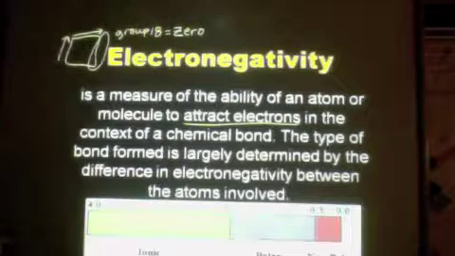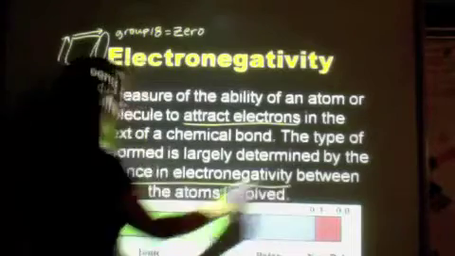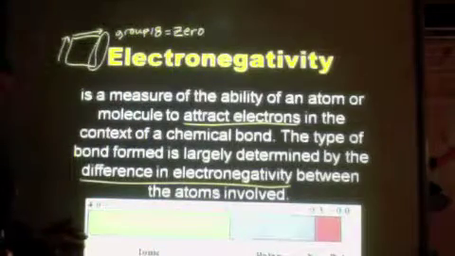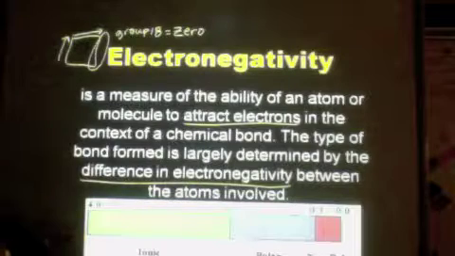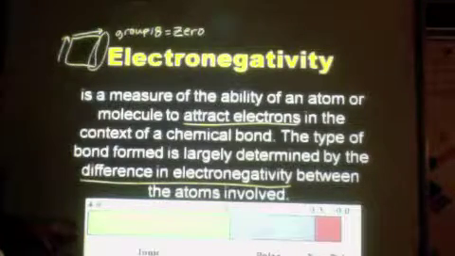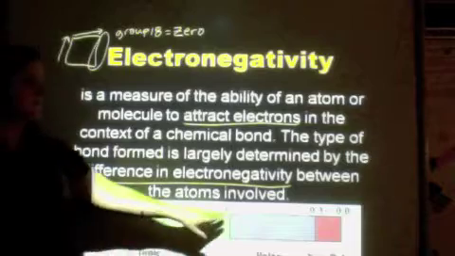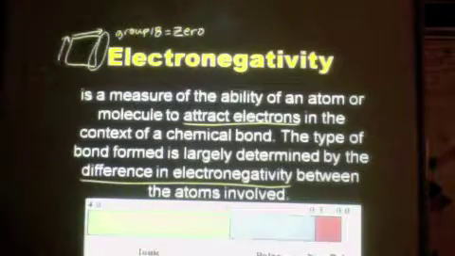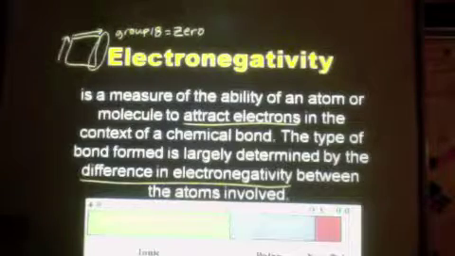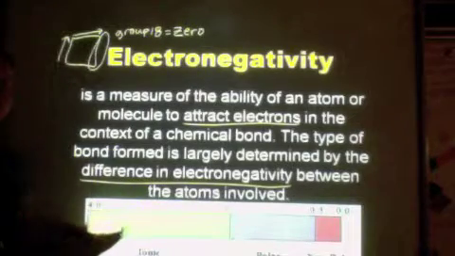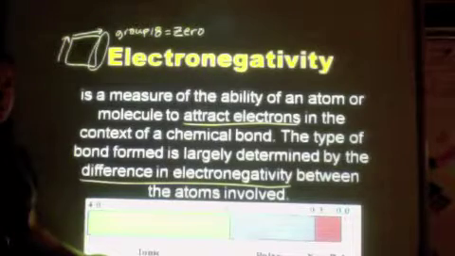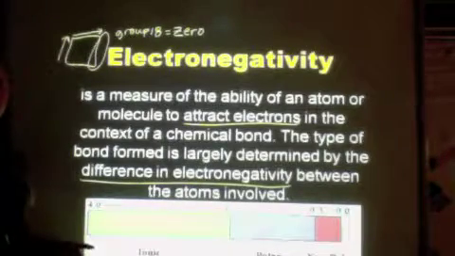The type of bond formed is largely determined by the difference in electronegativity. Now I know you can't really see this well in the video, but it is in your notes. So if you have an electronegativity difference of 4 to 1.7, then it's an ionic bond. So if there's a huge difference in electronegativity, it's ionic, because remember, one element is giving the electrons away and the other's taking them in.